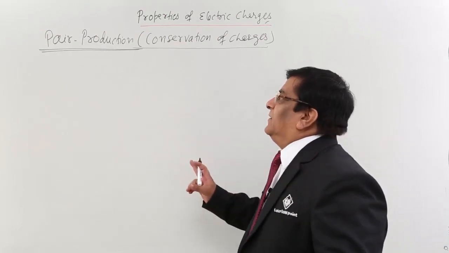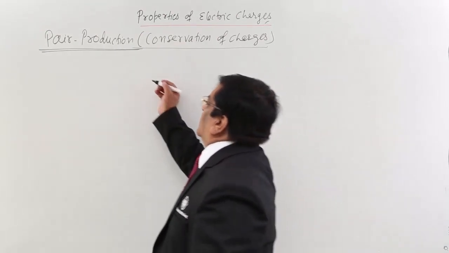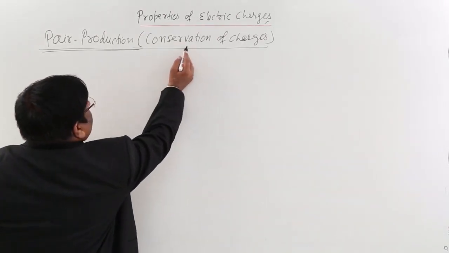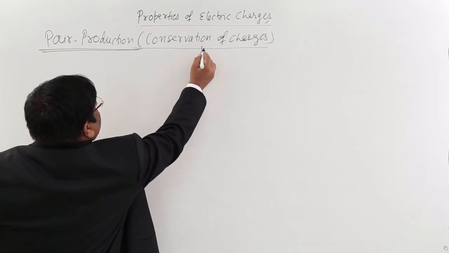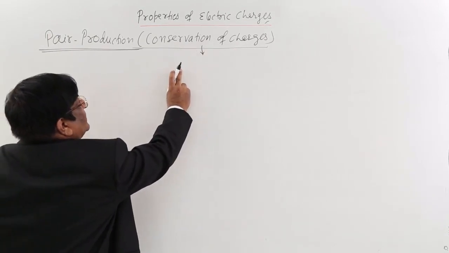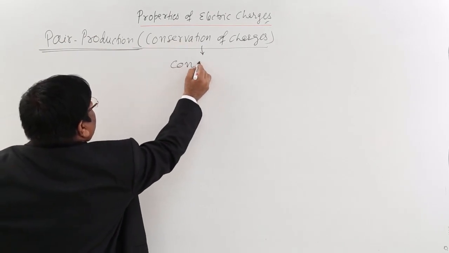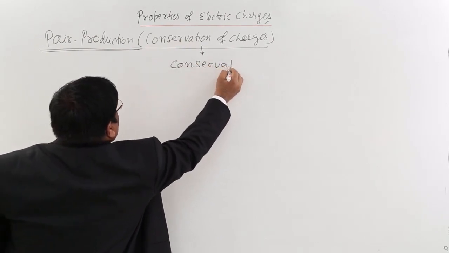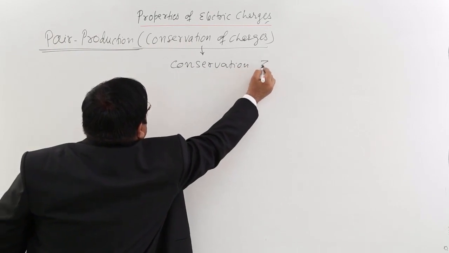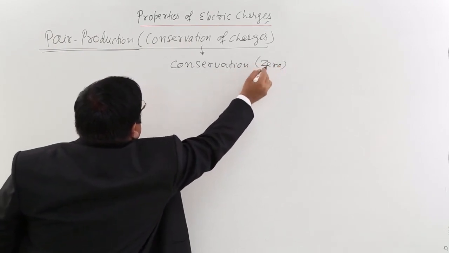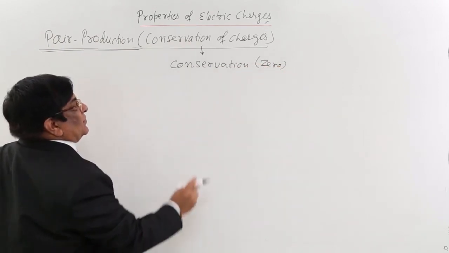So, in this way we have seen the conservation of charges. This was an old principle, conservation of charges, that the net is 0, we cannot create, we cannot destroy.